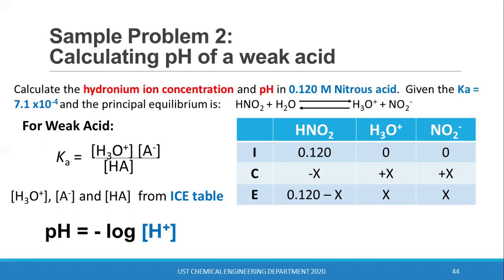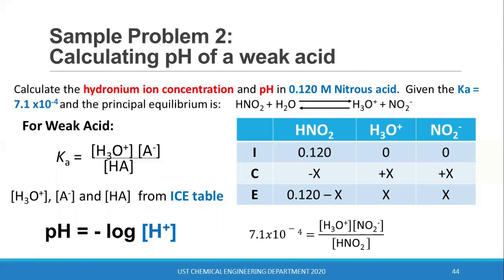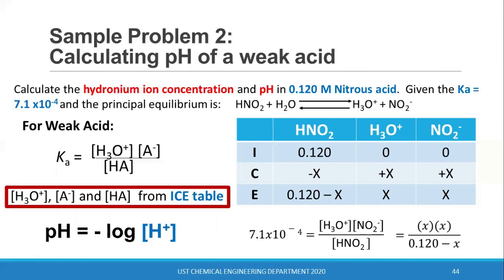Writing the expression for Ka will give us, substituting the values in the ICE table will result to, this equation is quadratic in nature and contains only one unknown. Solving for the values of x will be easier if you know how to do quadratic equations using your calculators.